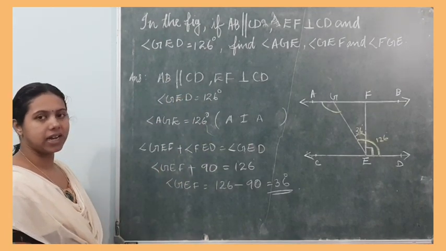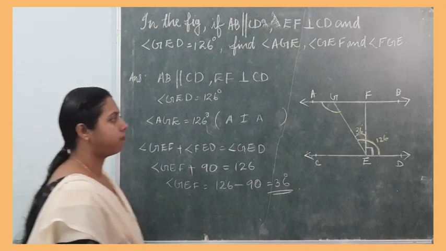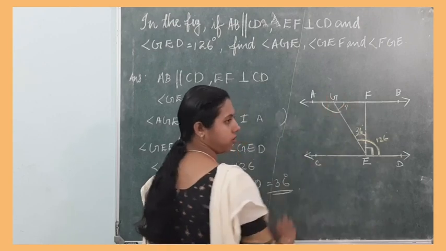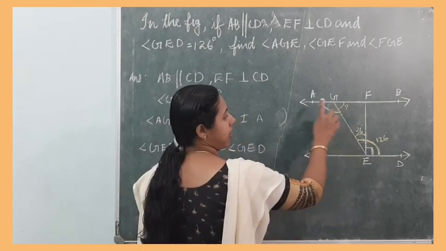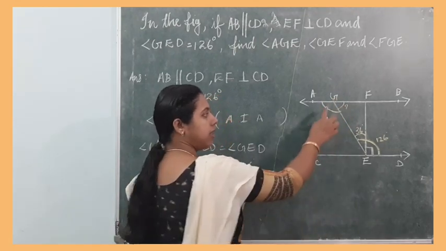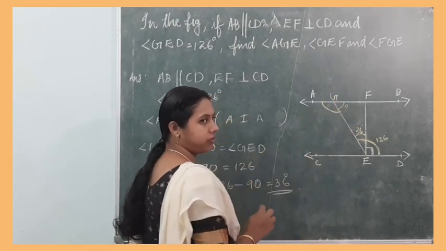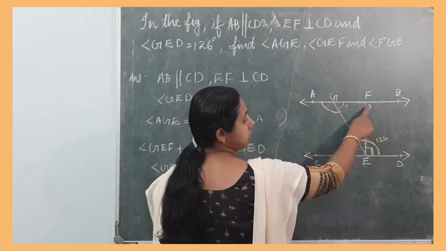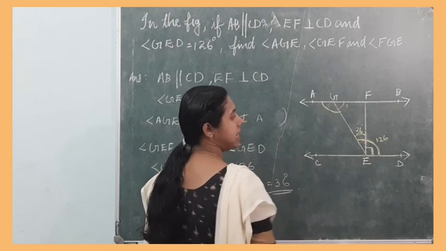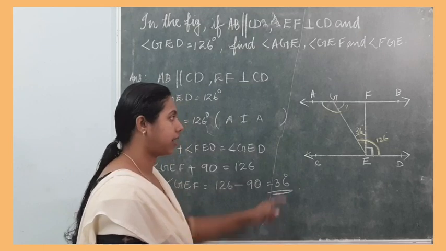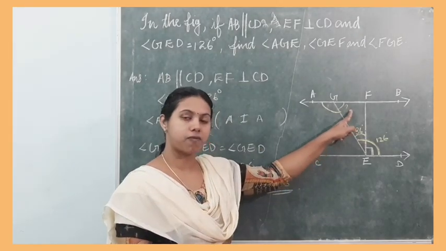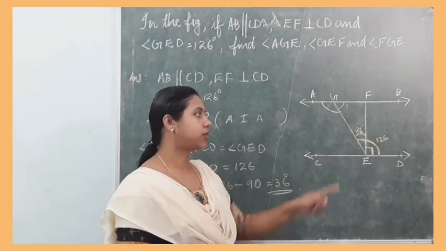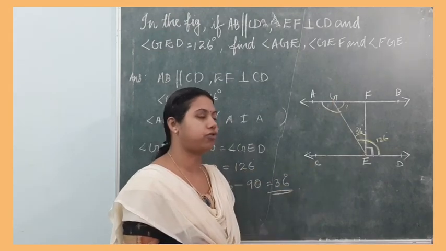Next we want to find angle FGE. Where is FGE? Angle FGE. This angle we want to find out. We know angle AGE. We want to find angle FGE. What type of angle is these two? They are linear pairs. They are adjacent angles. Their non-common arms form a straight line. So these two angles are linear pairs. In a linear pair, the sum of the angles is always 180 degrees. So from that you can find out FGE.